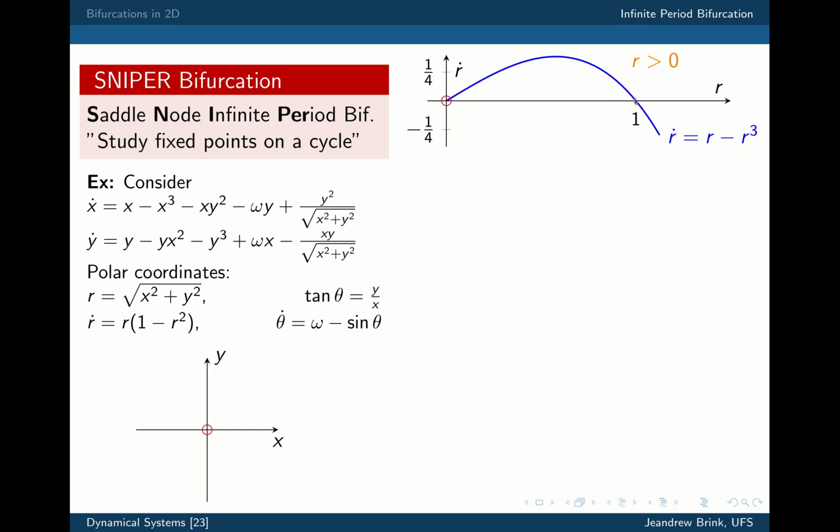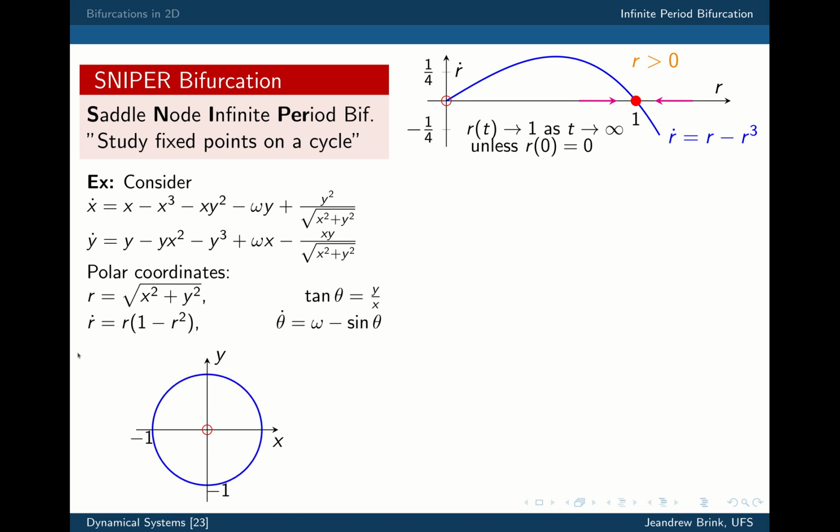The radial coordinate has a fixed point at 1, which is a stable fixed point because we approach it from the left and from the right. That translates into the fact that as time approaches infinity, the radius will approach 1, possibly with the exception of the origin.